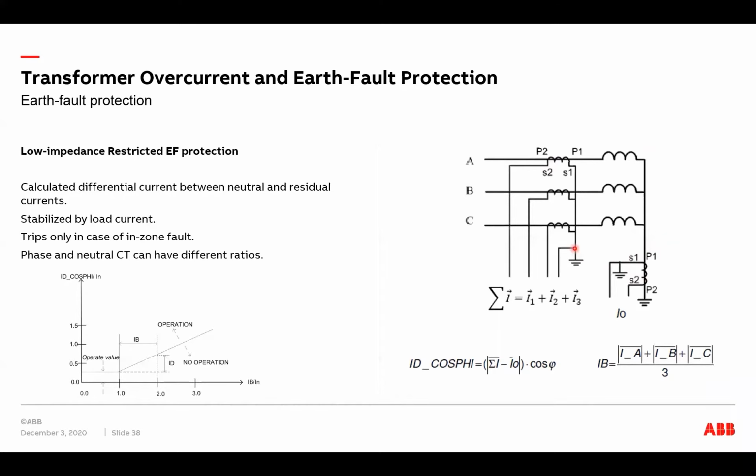It will not detect faults which are outside of our protected zone. One of the benefits of using low impedance restricted earth fault protection is that the CT ratios of the phase CTs and the neutral CT can have different ratios.